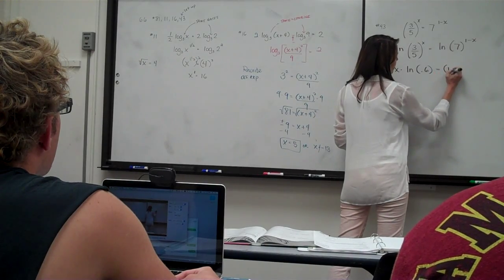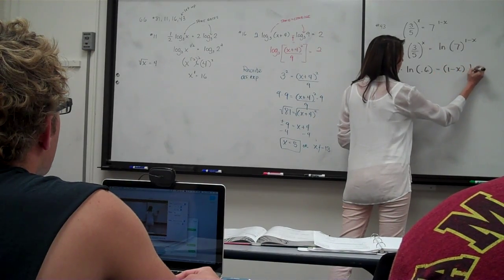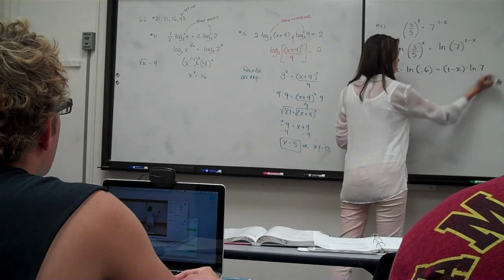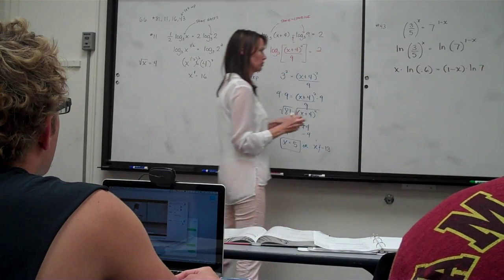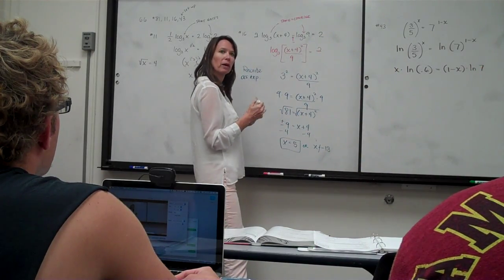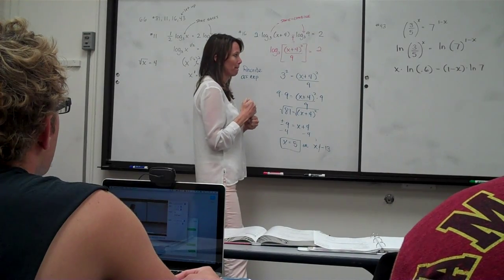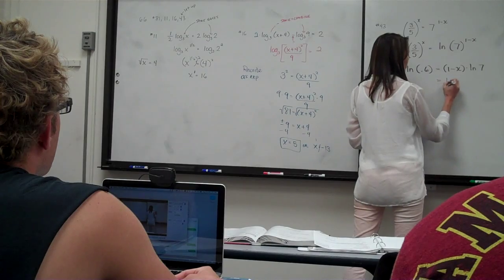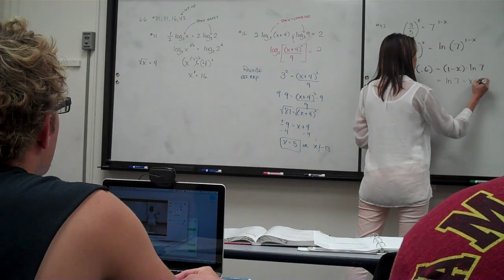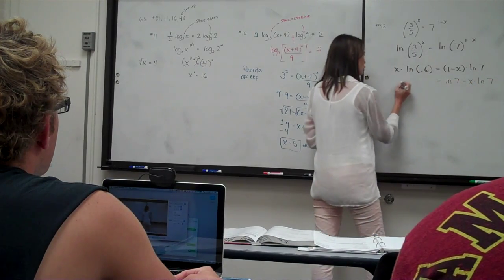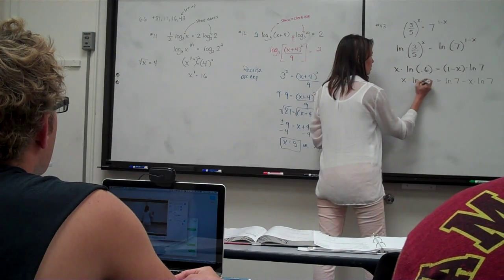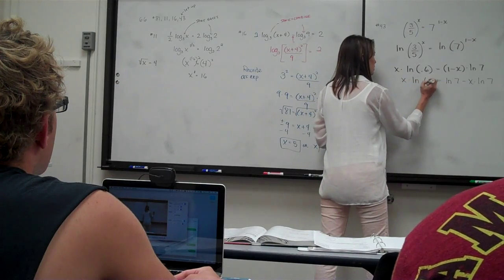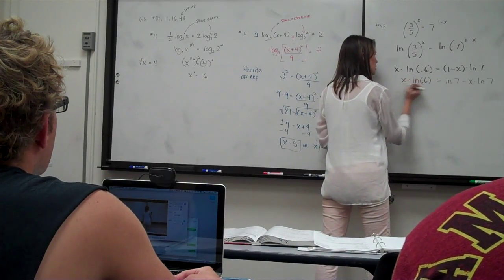Equals 1 minus x times the ln of 7. Can we go from there? You can't just put it in your calculator yet, because you have x's on both sides.